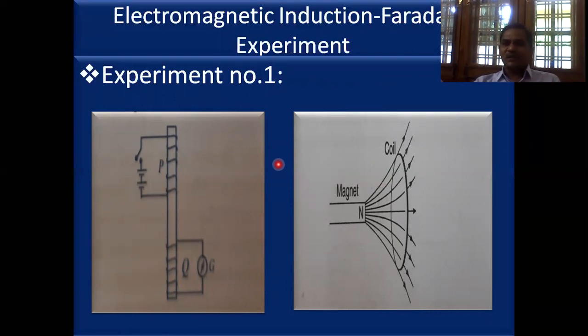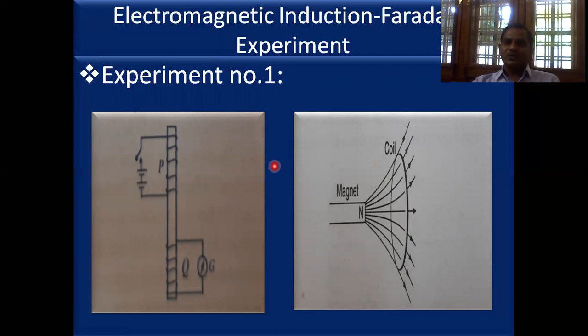So this is the result of Oersted's experiment. Due to this result, the magnetic needle, which is kept near the current carrying conductor, will deflect, right? So with that experimental observation of Oersted, it is believed that there is a relation between electricity and magnetism.